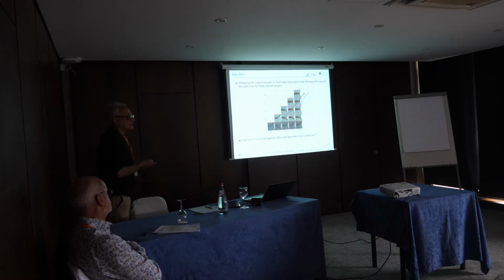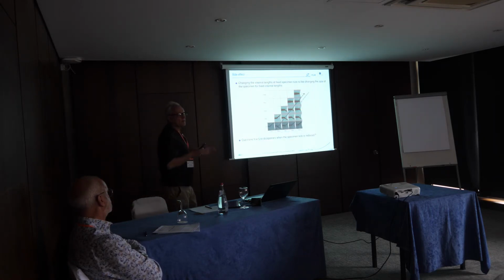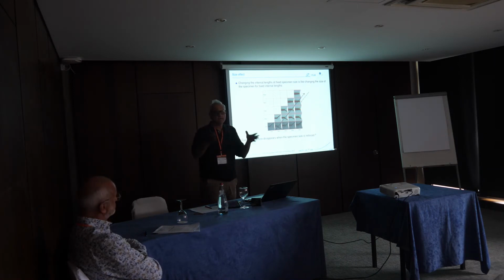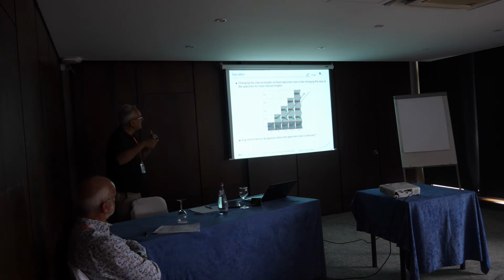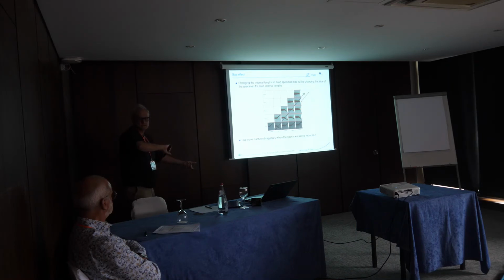Now, for sure, all these calculations were done varying the length scale but having a fixed specimen size. But if you change the internal length at a fixed specimen size, it's exactly the same thing as changing the size of the specimen for fixed internal length, which can be done experimentally.